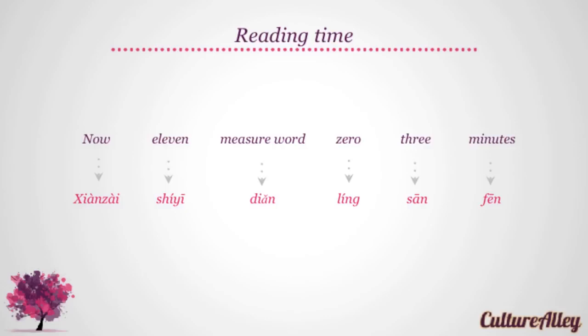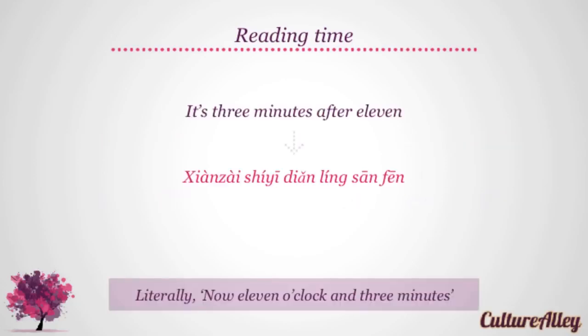And finally, minutes becomes 分. Thus, it's 3 minutes after 11 is translated as 现在11:03分. We know that it literally becomes now 11 o'clock and 3 minutes.